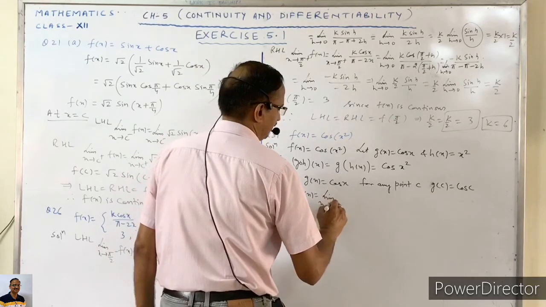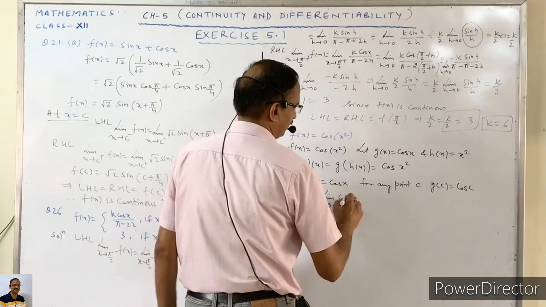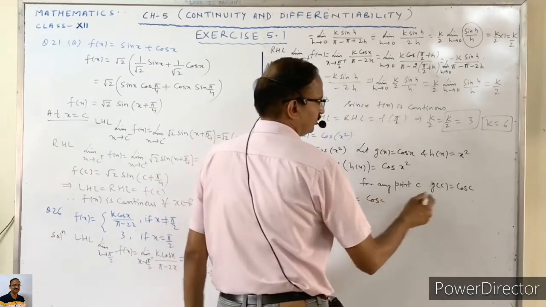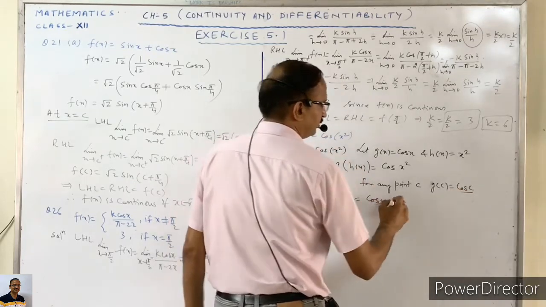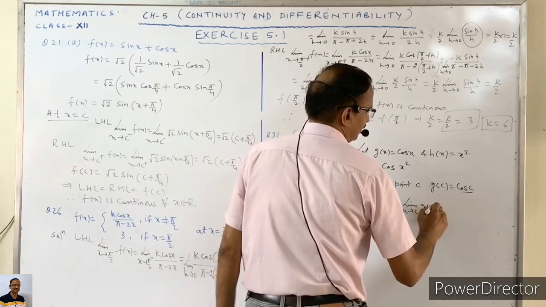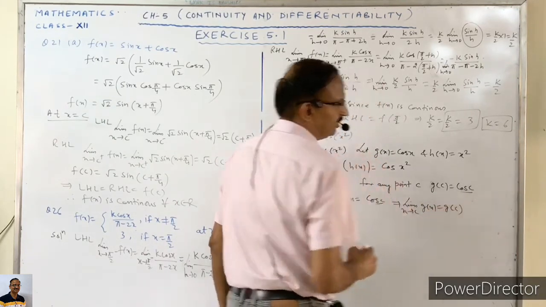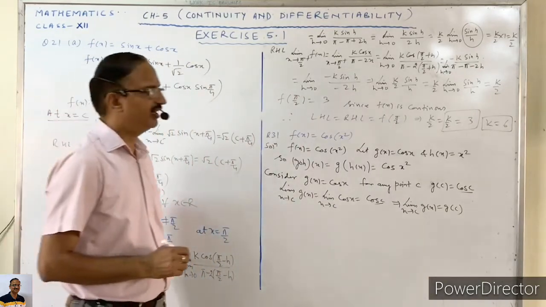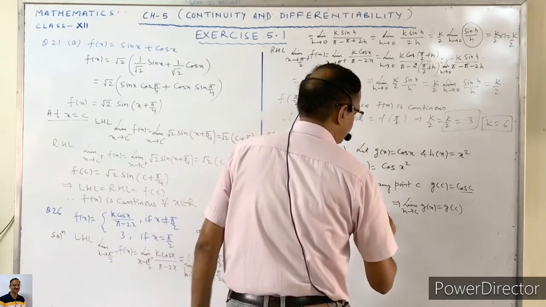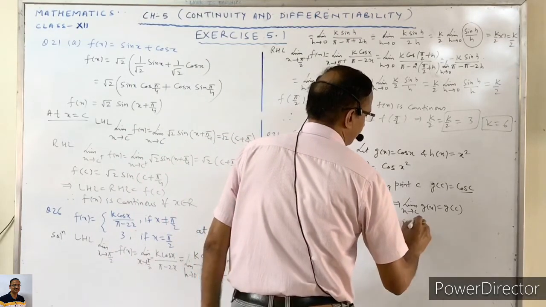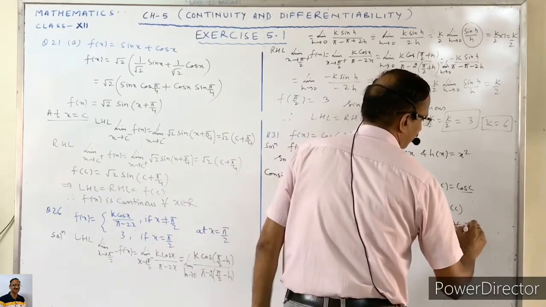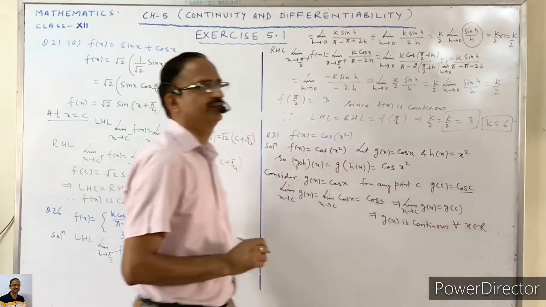Limit x tends to C, g(x) is cos x, so this becomes cos C. So these two are equal. So this implies that limit x tends to C, g(x) equals g(C). So by definition of continuity, we can say that this function g(x) is continuous. So this implies that g(x) is continuous for all x belongs to R.